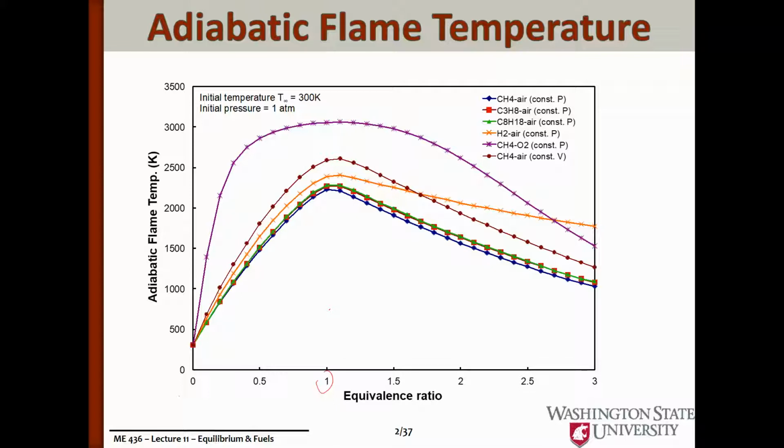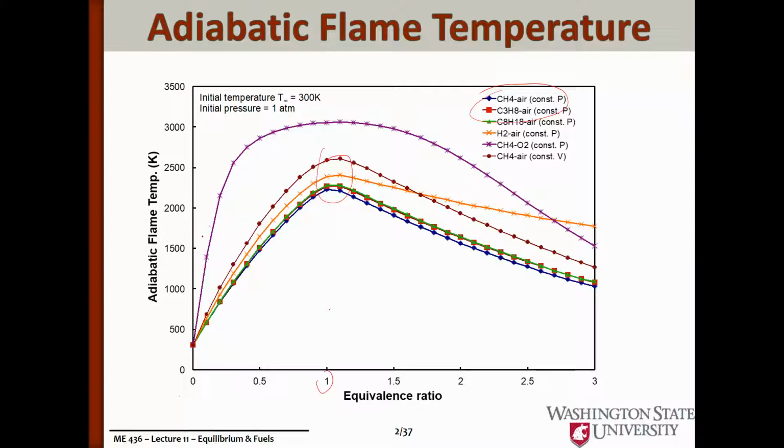So another thing to note from this slide is that all of our general hydrocarbons, everything from something as light as hydrogen to something as heavy as octane, when burned in air, generally speaking, have flame temperatures in the same ballpark. They're not radically different by 20 or 30%.